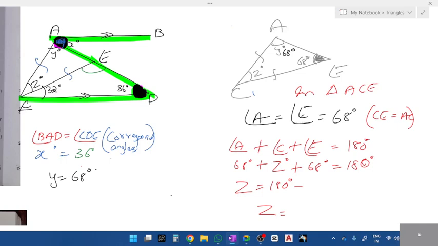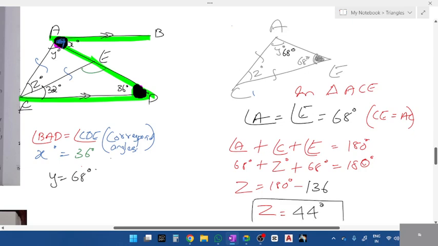Okay. 180 minus 68 plus 68 is 44 degrees. So we have all three values: angle X, angle Y, and angle Z is 44.